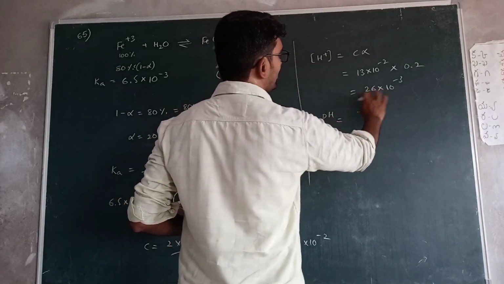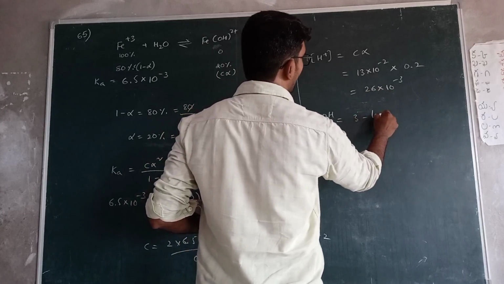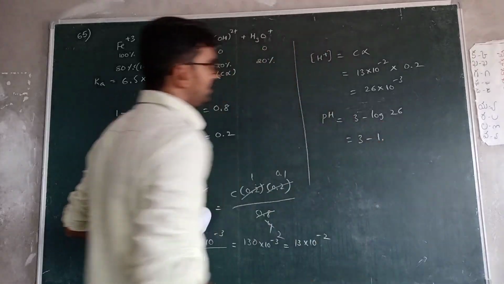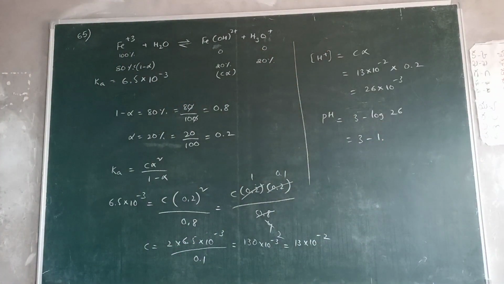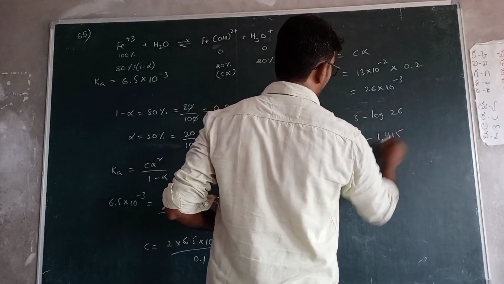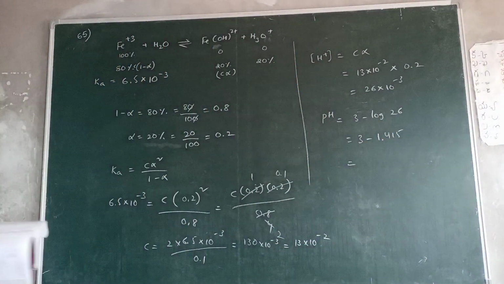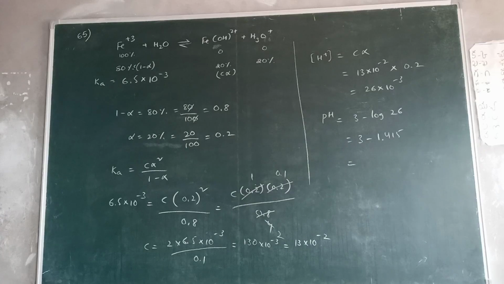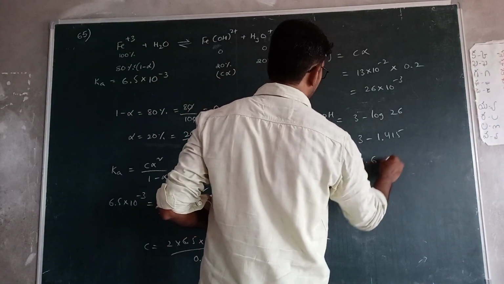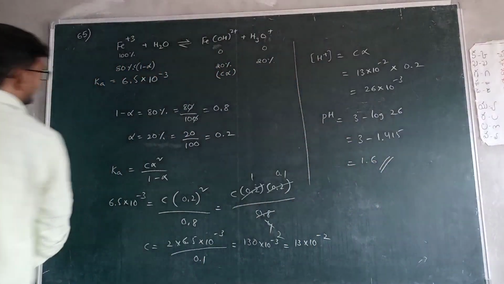Then pH is equal to 3 minus log 26. Log 26 value is 1.415. So pH is equal to 3 minus 1.415, approximately 1.6. This one is completed.